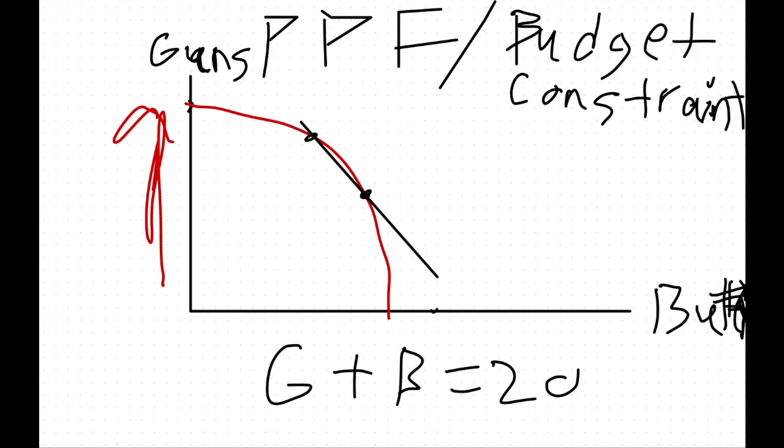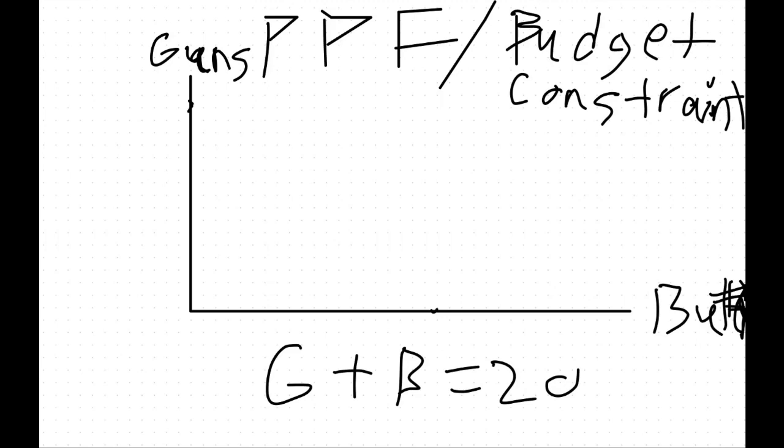You could, though, also theoretically have a bowed-in PPF. This is a lie that they tell to undergrads, that you can't have a bowed-in PPF. You can't have a convex PPF, one that's shaped like this, that's going in.